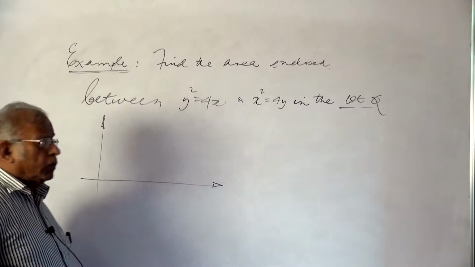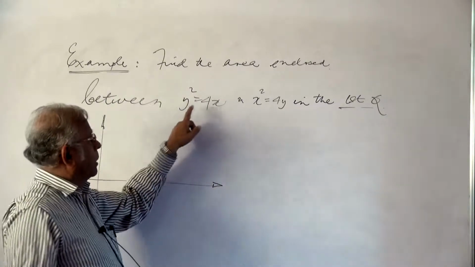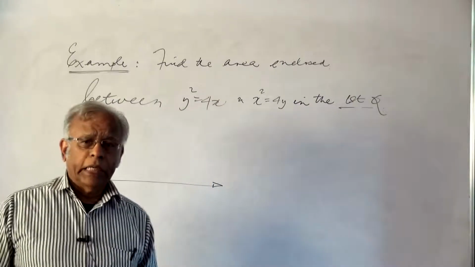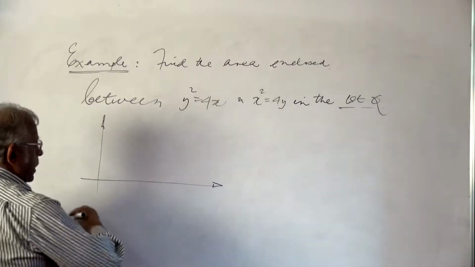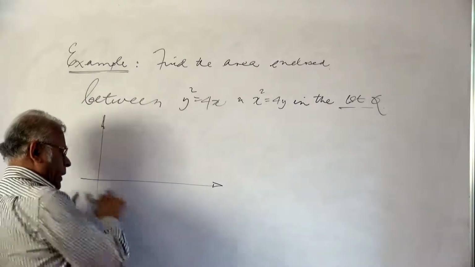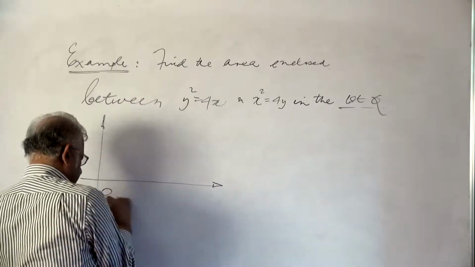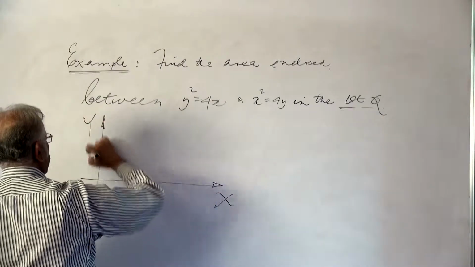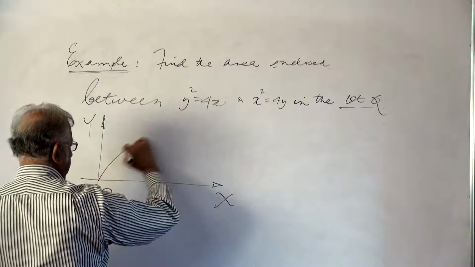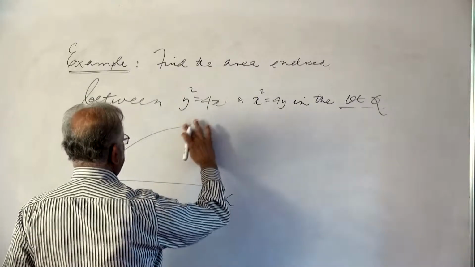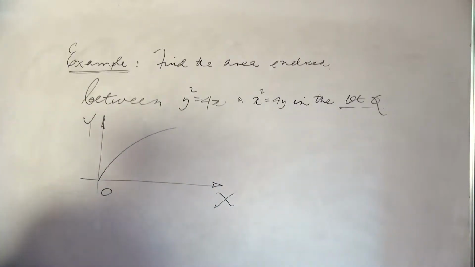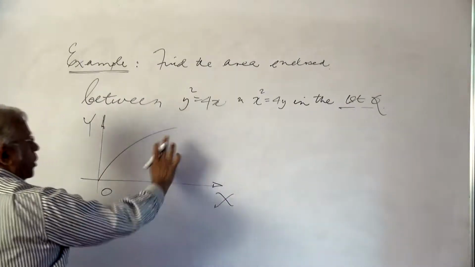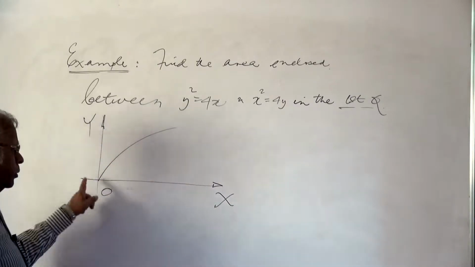Now, all of us know that the parabola y square is equal to 4x is one that is lying down with its axis coinciding with the x-axis. So, if this is the origin, this is the x-axis, and this is the y-axis, then the first parabola, that part which lies in the first quadrant, is something like this. The entire parabola goes down like this, but we are talking of the first quadrant only, so we don't draw the entire parabola.